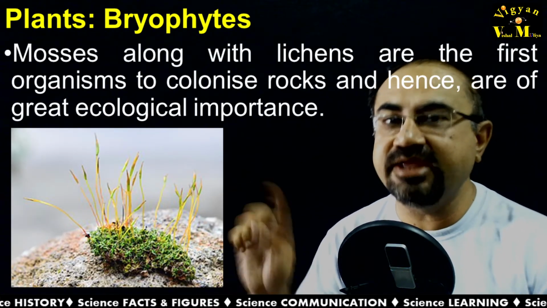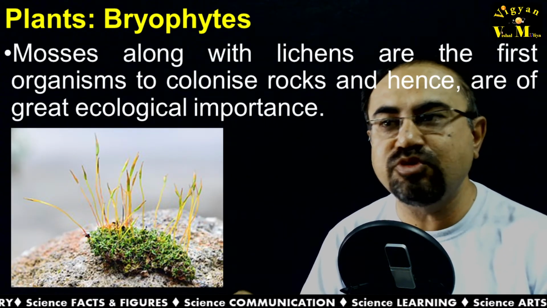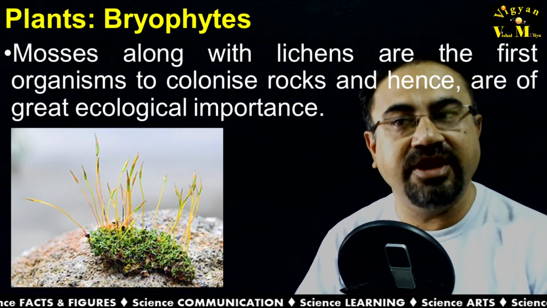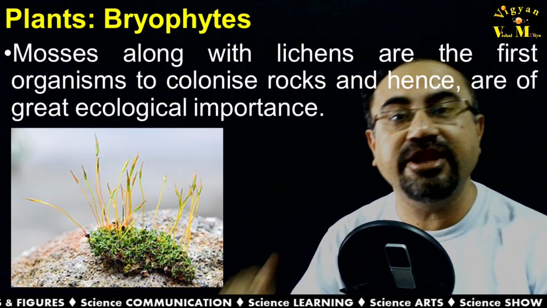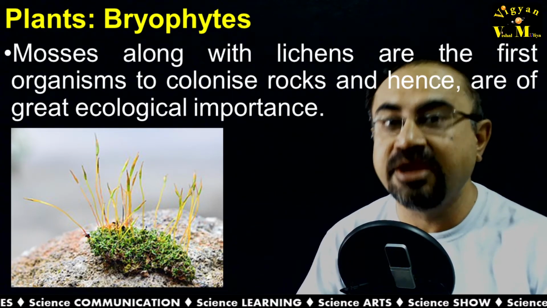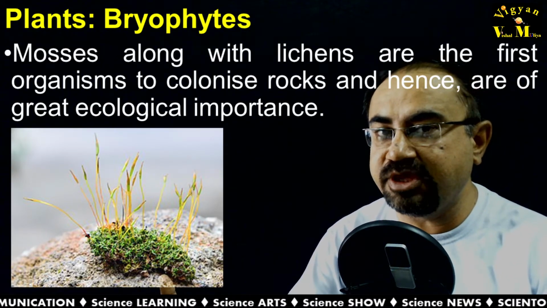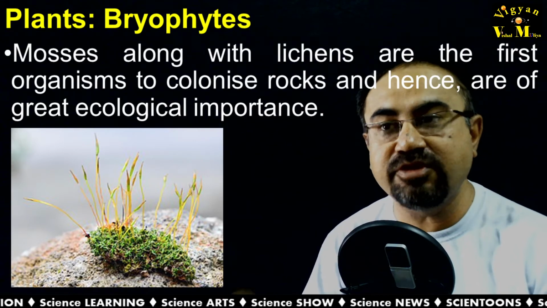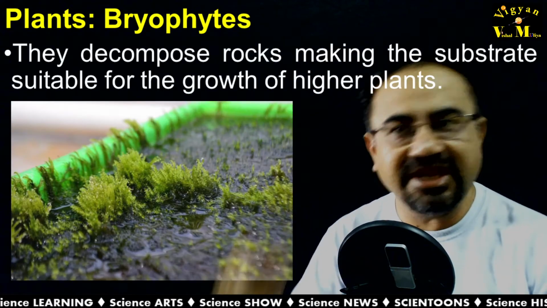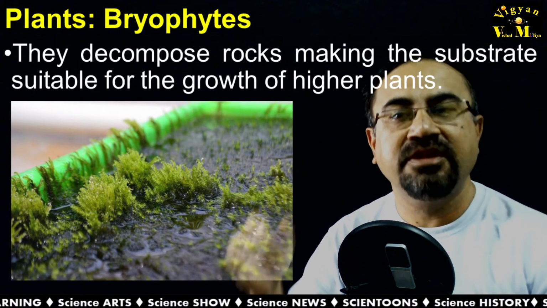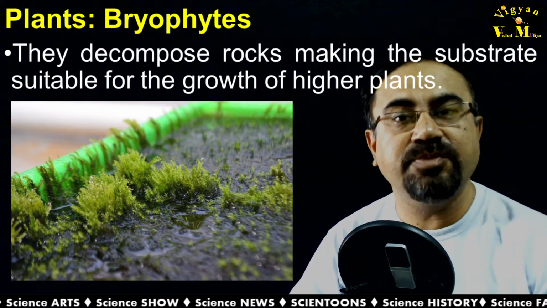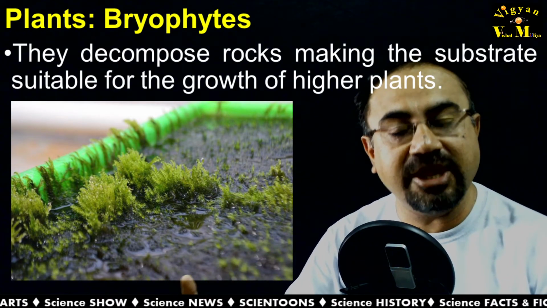Mosses along with the lichens are the first organisms to colonize rock, and hence they are of great ecological importance. Earlier I said it does not have much economic importance, but it has a lot of ecological importance. They decompose the rock material and substrate, making it suitable for the growth of higher plants.